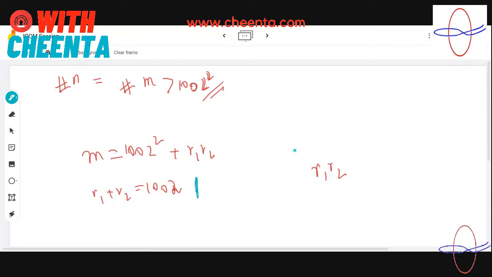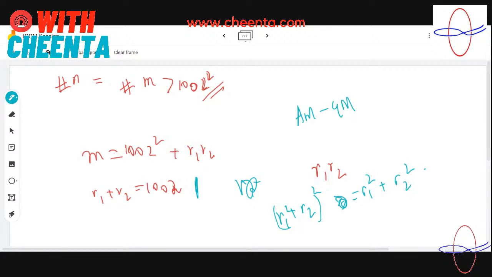AM-GM inequality, perfect. So use the AM-GM inequality to find an upper bound. R1 plus R2 whole square is equal to R1 square plus R2 square plus twice R1 R2.